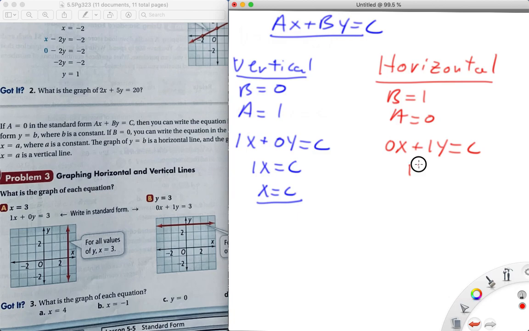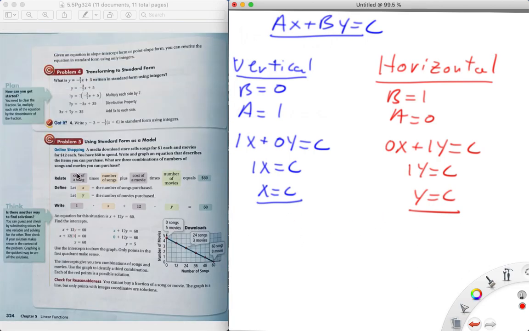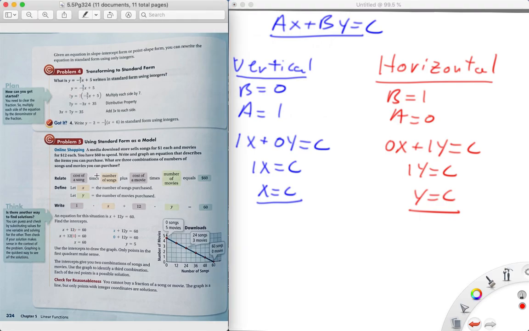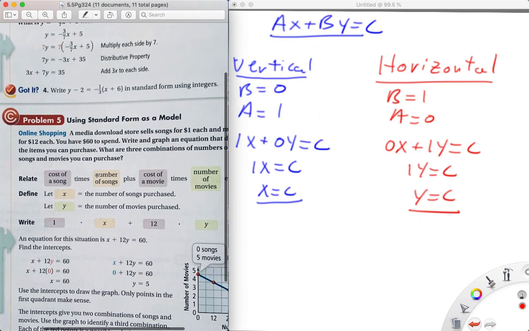So it's going to be 1y equals C, and then it's going to be y equals C. So vertical lines are always going to be in the form of x equals some number, and for horizontals, y equals something. Okay. We're not going to ask you to graph those, but just know that vertical is x equals, horizontal is y equals.